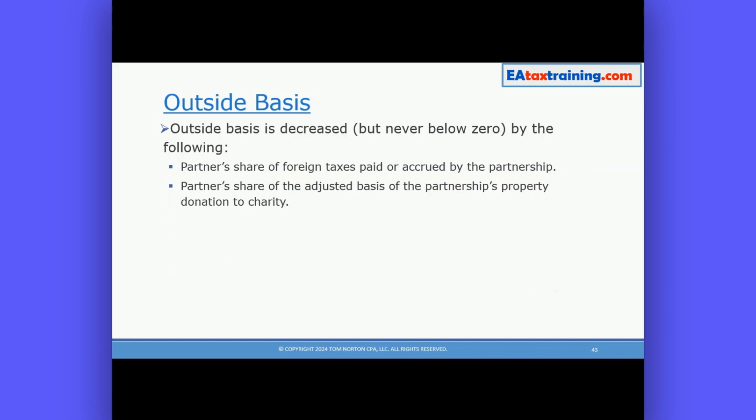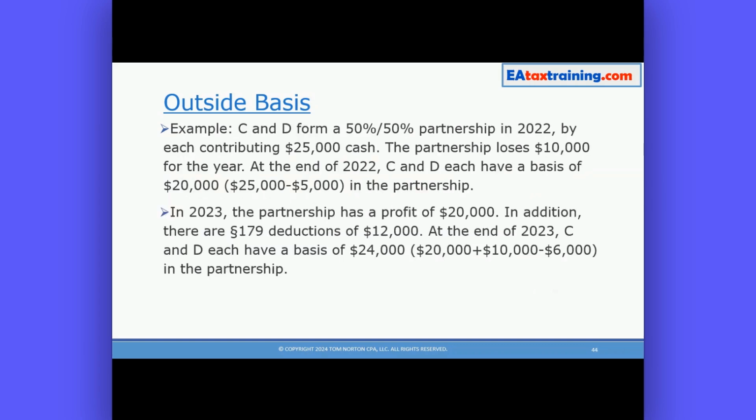Outside basis is also decreased by the partner's share of foreign taxes paid or accrued by the partnership, and by the partner's share of the adjusted basis of the partnership's property donation to charity. So if the partnership makes a donation of property to charity, then the adjusted basis of that will decrease that partner's outside basis in the partnership.